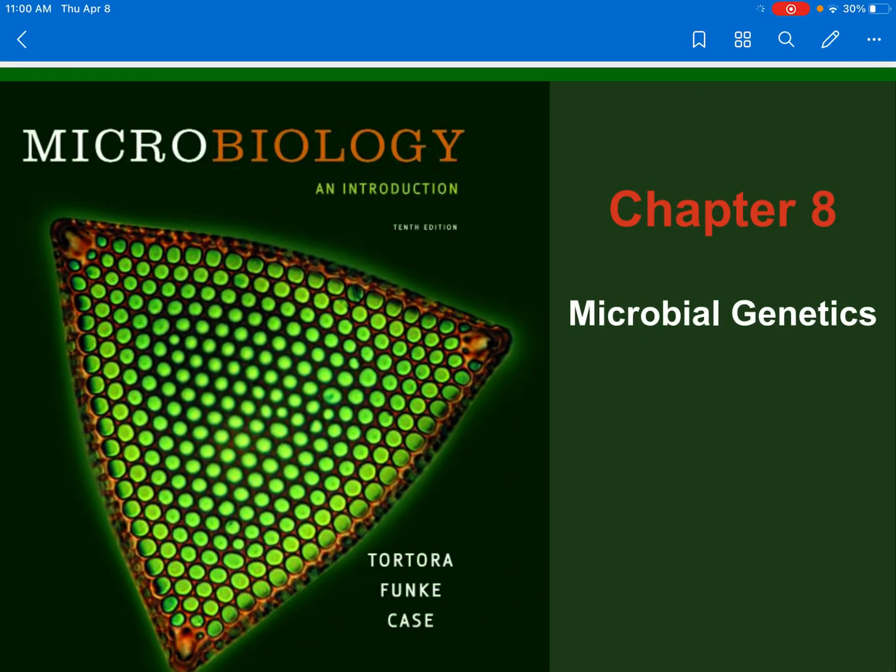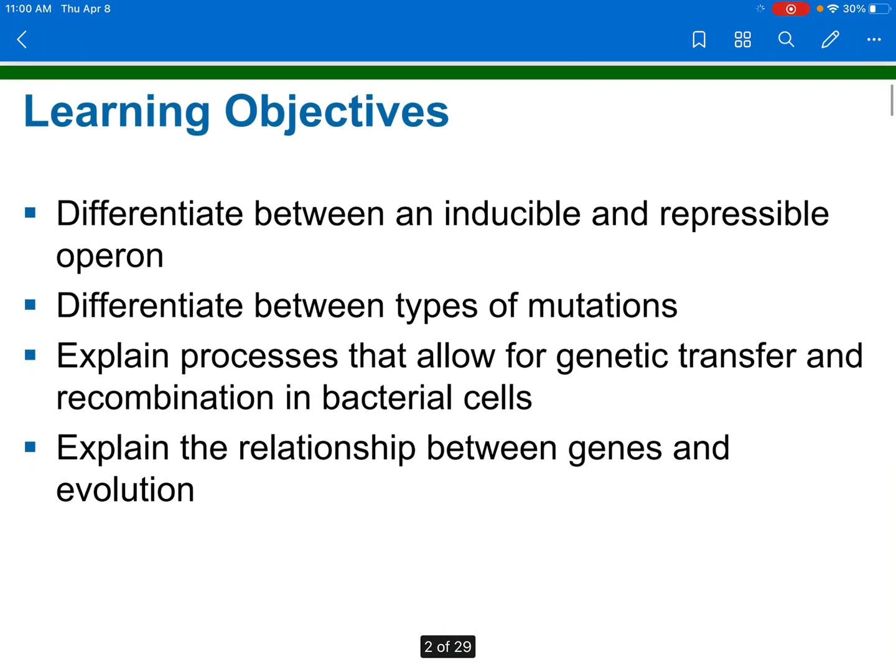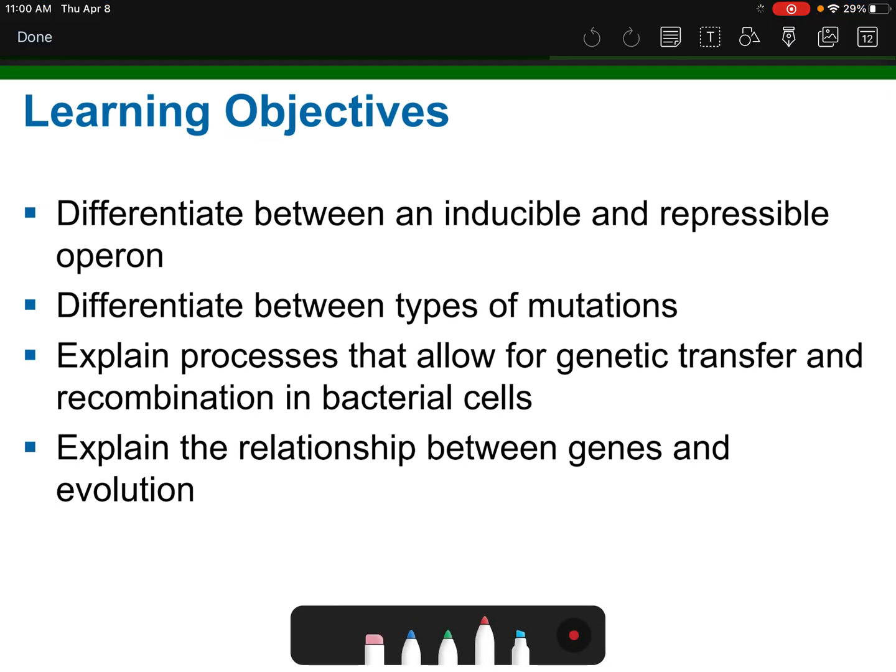All right, we're getting to our third part of our PowerPoint notes on Chapter 8, Microbial Genetics. During this section of notes, what we're going to be focusing on is how gene regulation occurs, specifically looking at inducible and repressible operons.